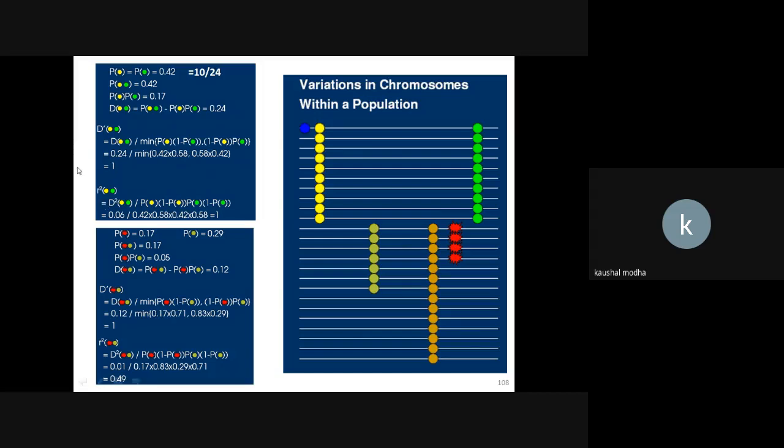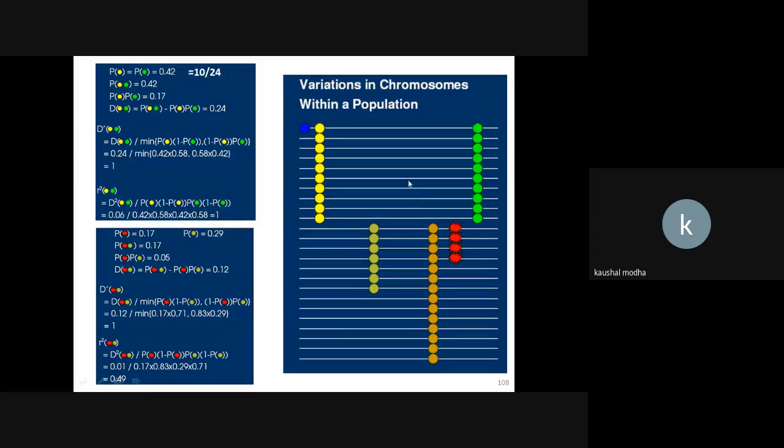Now R square is equal to raw D square divided by the frequencies of all the 4 alleles: one locus, another locus, third allele and fourth allele. So R square value is also 1. So there is a perfect linkage disequilibrium considering D dash and R square value.